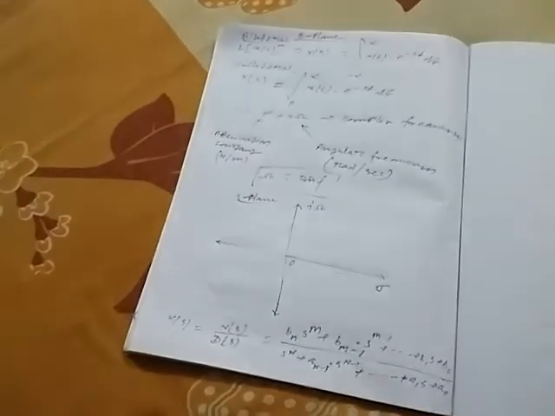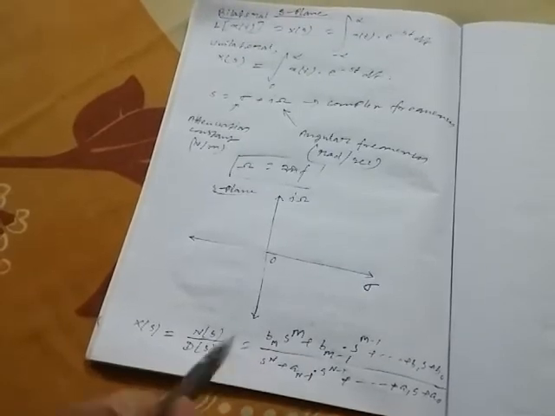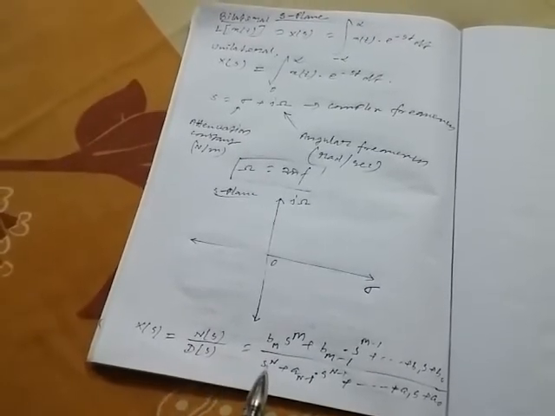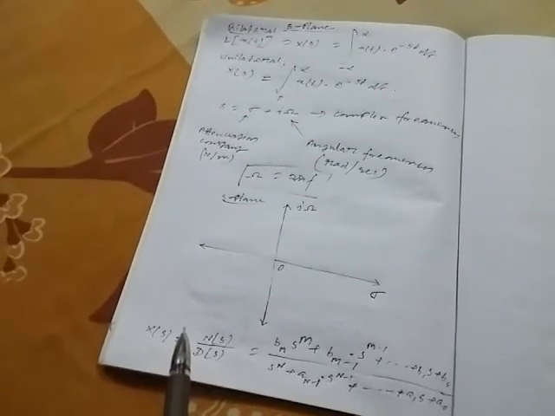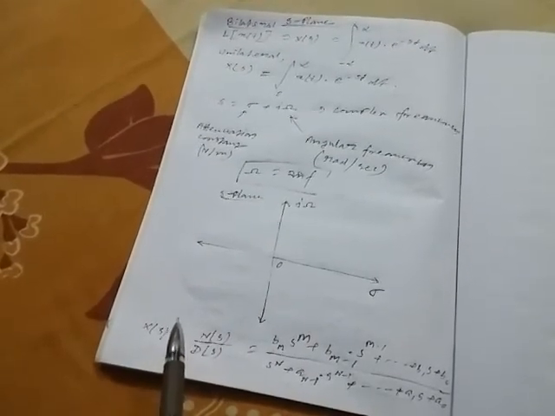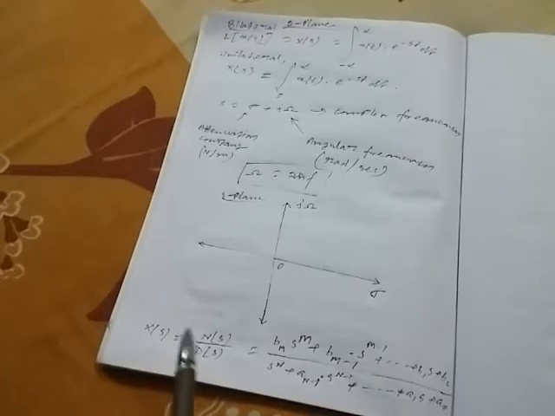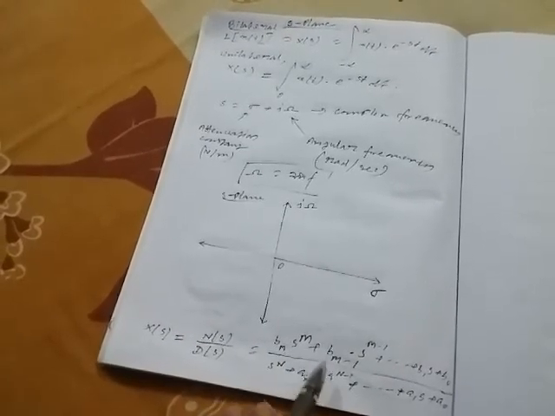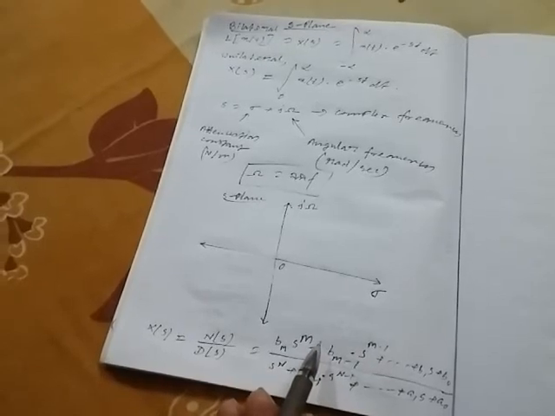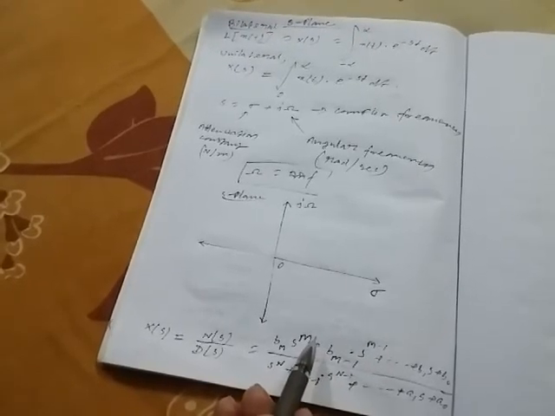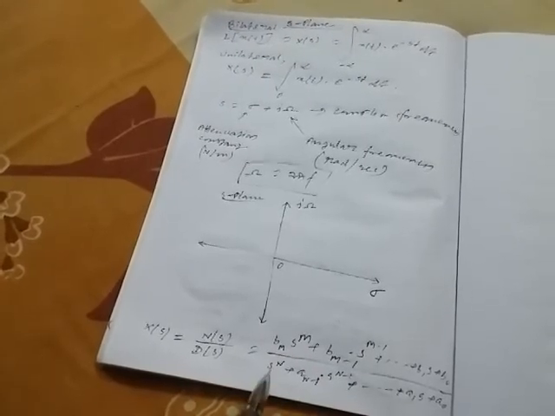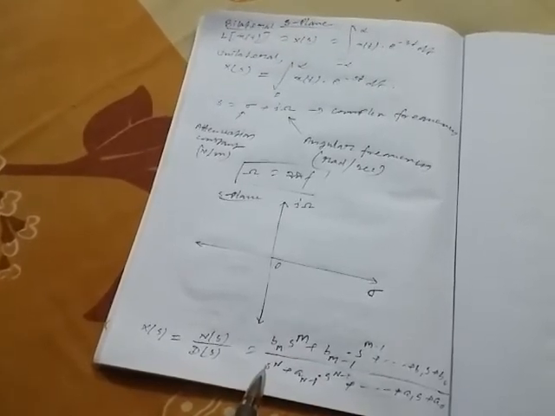So this is the fractional form of X(s). The numerator polynomial has degree capital M and the denominator polynomial has degree capital N.